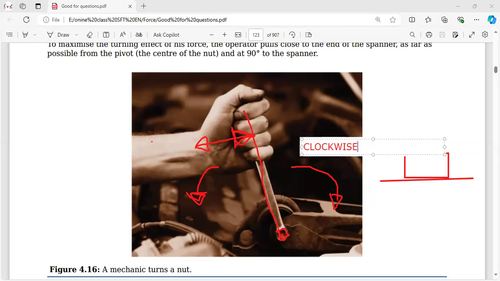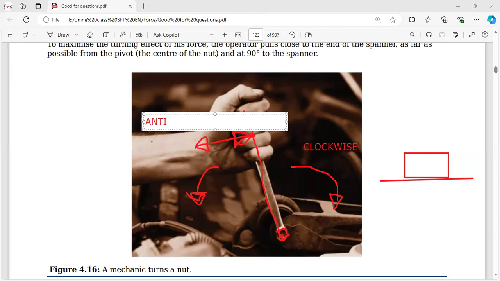Clockwise is the direction in which the clock arms rotate. Anti-clockwise means the opposite direction. I think it is very easy to remember. We'll use those two terms for the rest of the lesson.